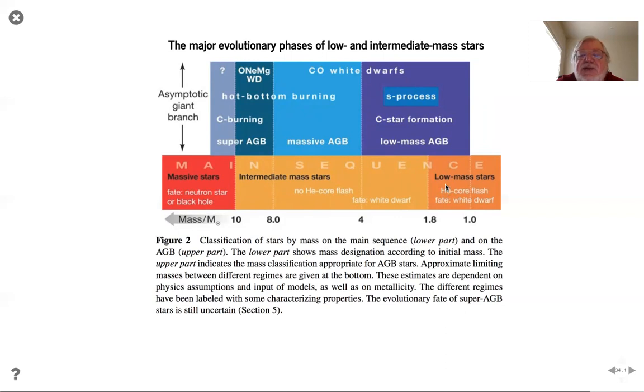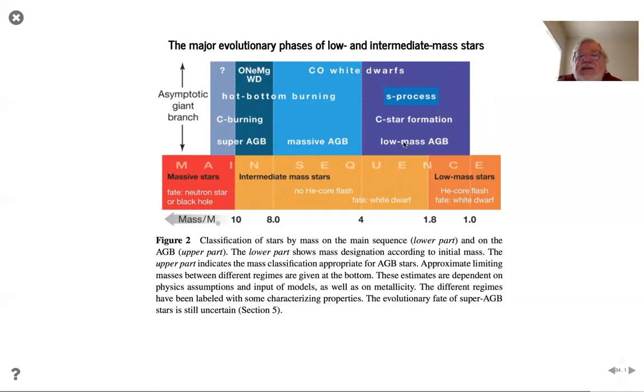These stars evolve into carbon-oxygen white dwarfs up to 8 solar mass, and more massive stars leave as remnants oxygen-neon-magnesium white dwarfs. I'm not going to talk about massive stars right now.